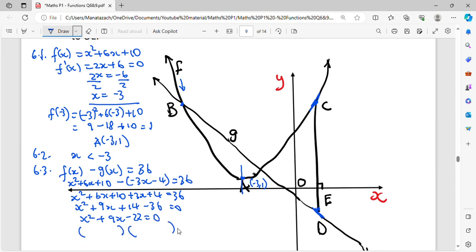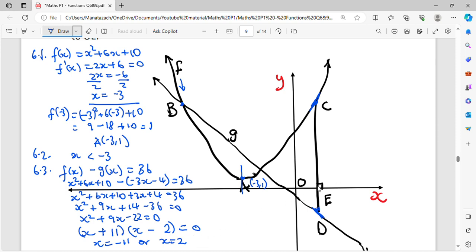Now let's simplify. Okay, now we can easily find the factors of this quadratic expression. The factor for x squared is x times x. The factors for 22 is 11 times 2, where 11 is positive and 2 is negative. So if we solve for x, we'll get x is minus 11 or x is 2. Okay, so which one are we going to choose?